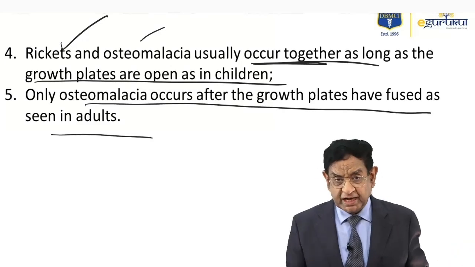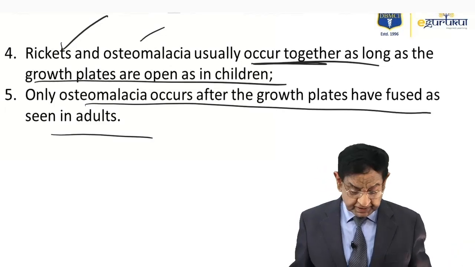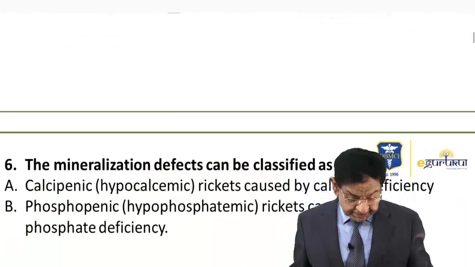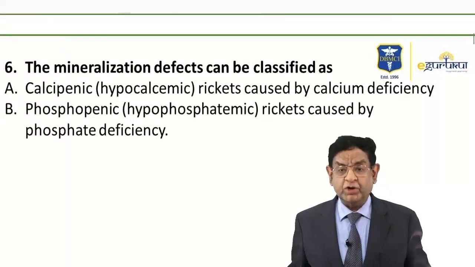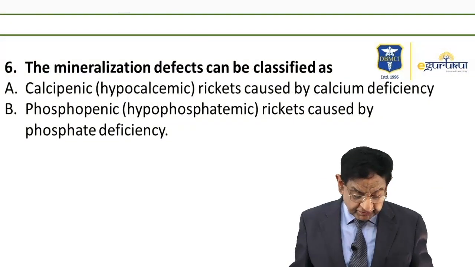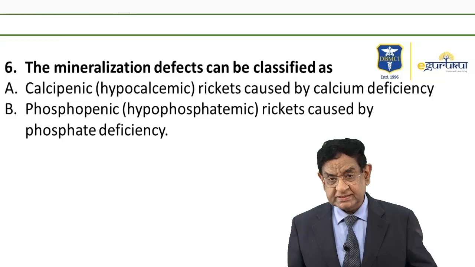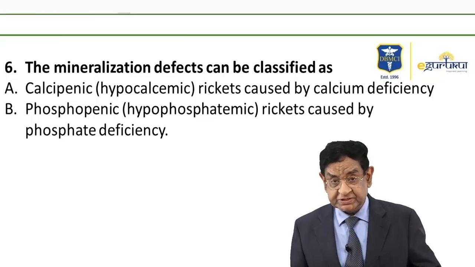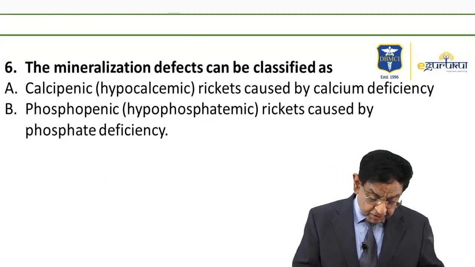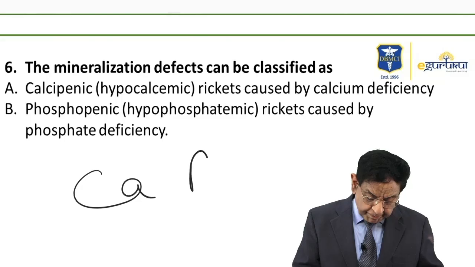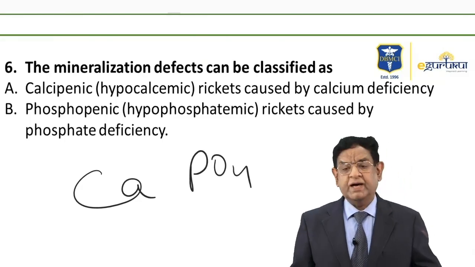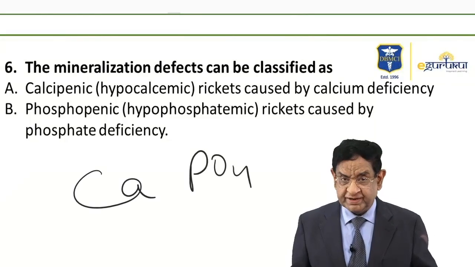Now I don't need to elaborate more on this point. We still continue with basics. We learned the problem is defective mineralization, and we also know that the two most important components of mineral are calcium and phosphate.